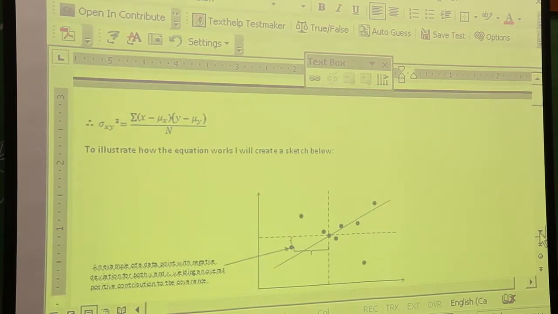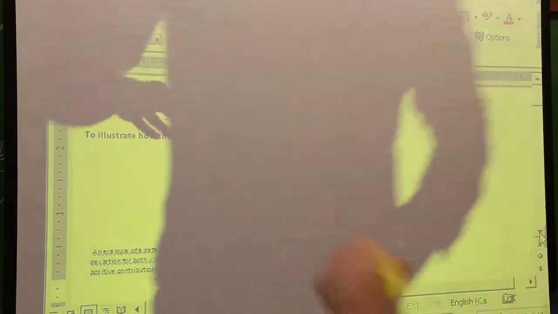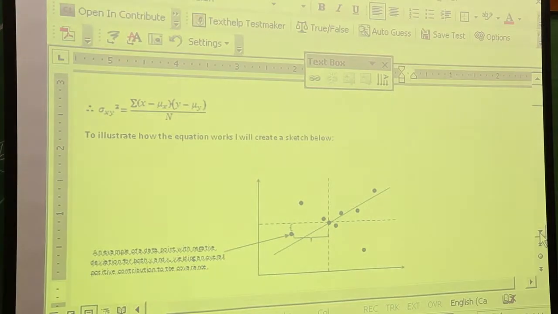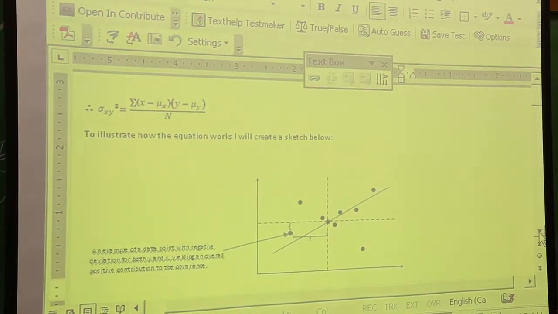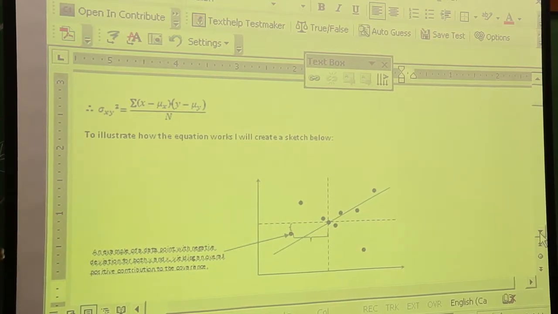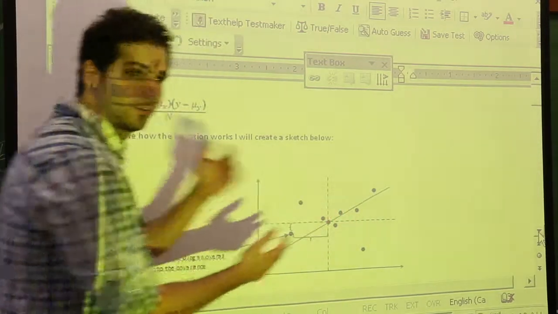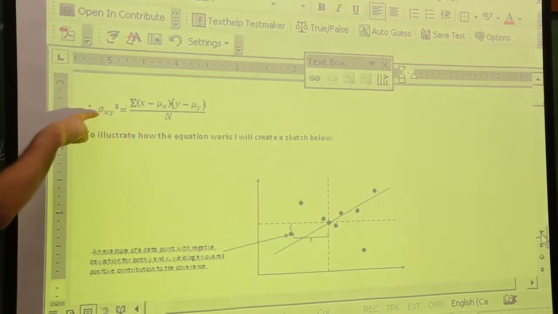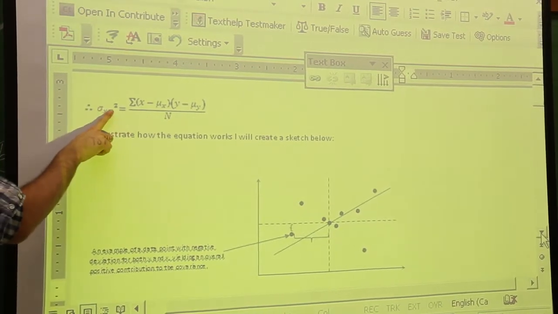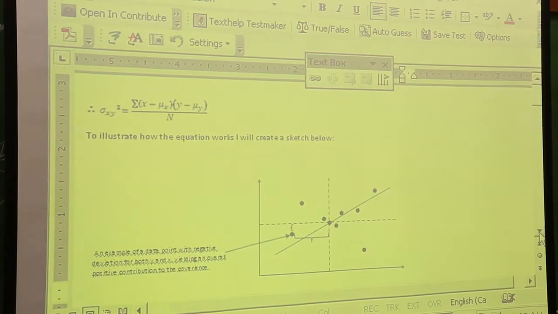For two variable statistics, we don't use the term variance, we use the term covariance. And rather than describing spread about the average, we're talking about spread about the line of best fit. I use the same symbol sigma, but instead of writing sigma sub x, I write sigma sub xy, meaning it's a two variable statistic.